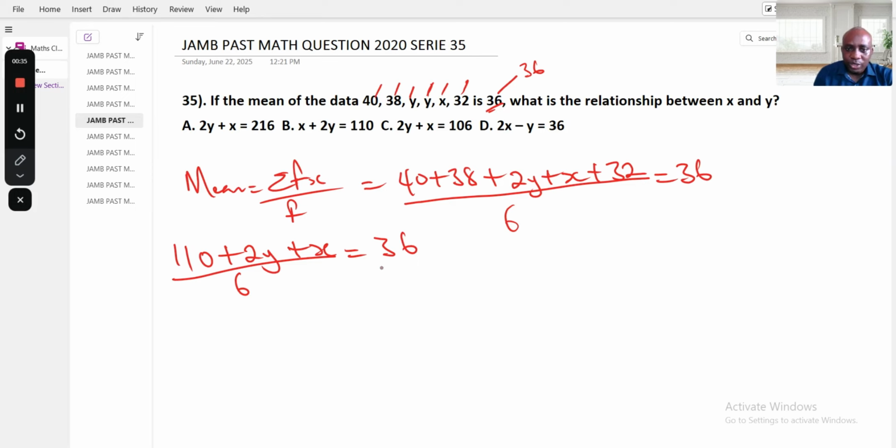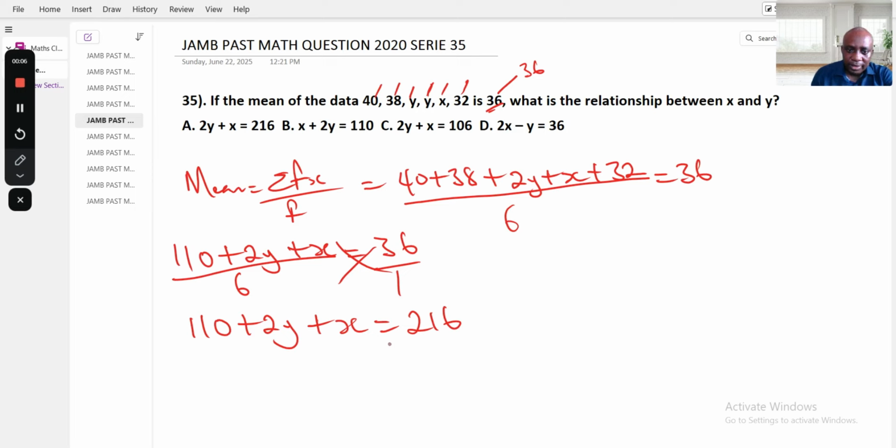Now let's cross multiply. What is 36 times 6? It's going to give us 216. Therefore, 110 plus 2y plus x equals 216, isn't it?